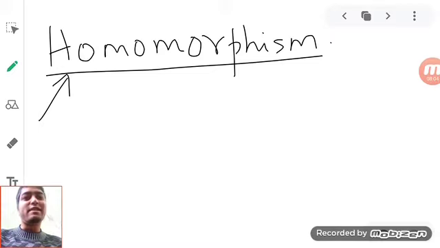That is exactly what we are doing with a homomorphism. It is just a function, but of course we use a different word for it, homomorphism, because that function will satisfy an extra condition.